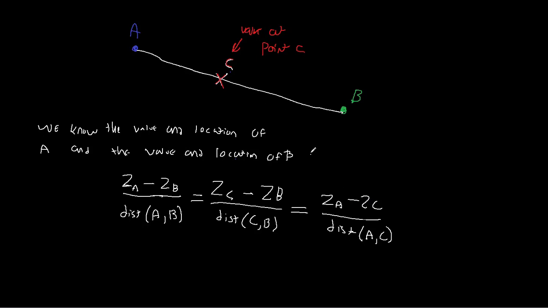Oh, I suppose we should also say we know the location of B. We know the location of C as well. But we don't know this value here. We don't know ZC.